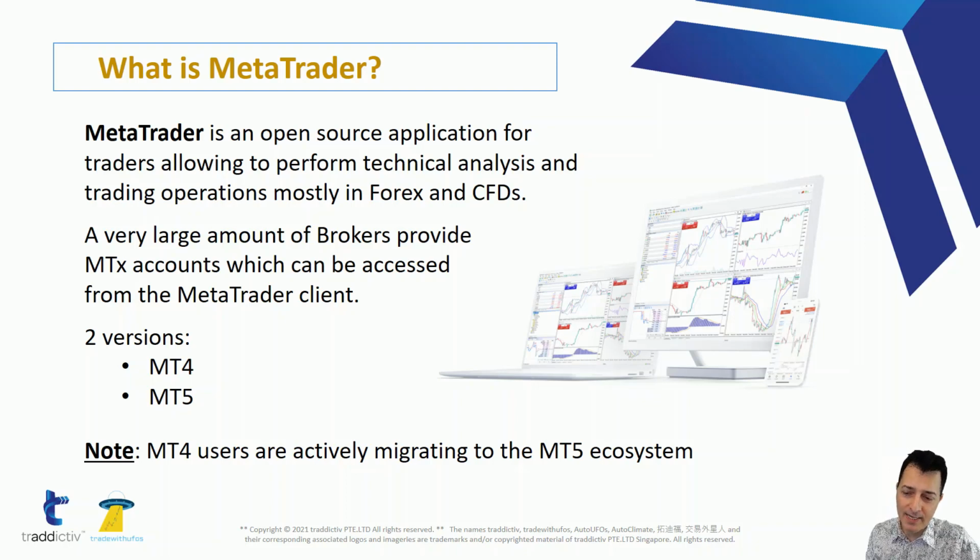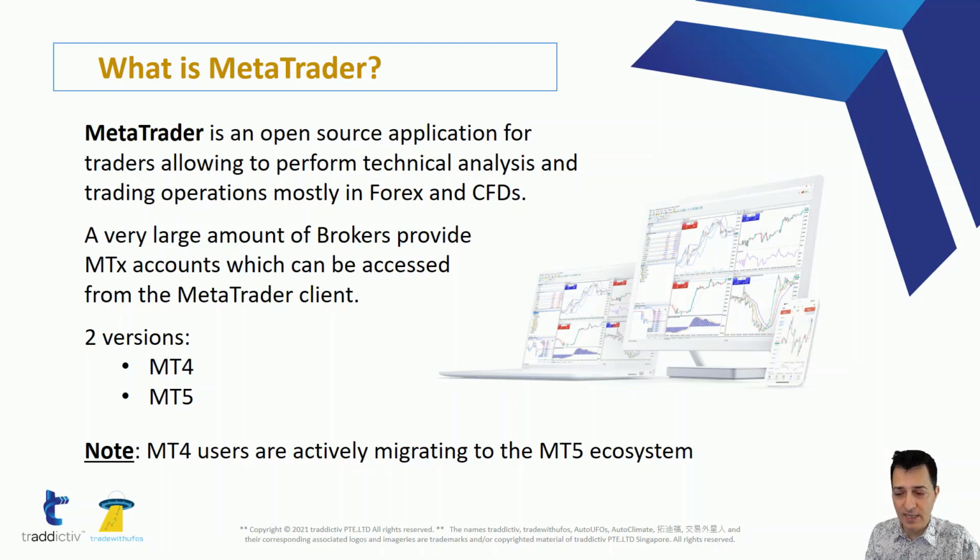Okay. Now, MetaQuotes, which is the company that created MetaTrader, is actively pushing and migrating both users and brokers to MT5 because of multiple reasons, which are technological, but also limitations of MT4, such as the fact that you can only trade Forex. You cannot trade CFDs, for example, or other products.